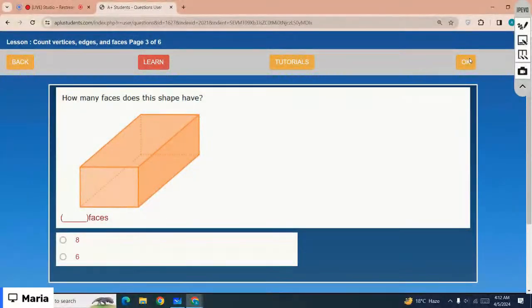How many faces does this shape have? The correct option is, yes, the shape has six faces. The correct option is six. Very good.